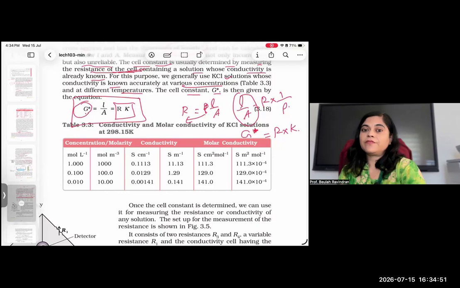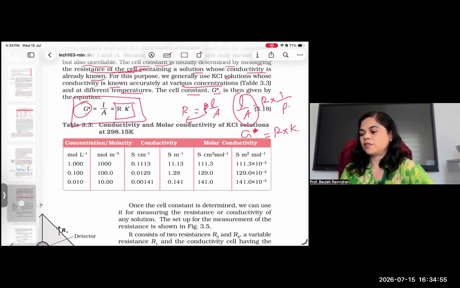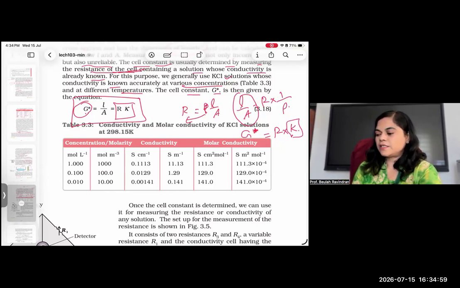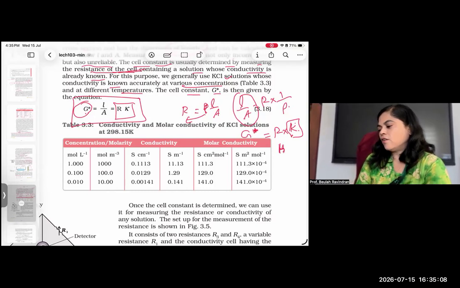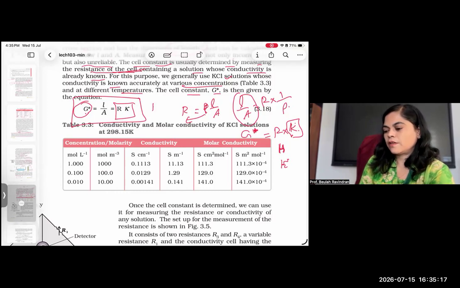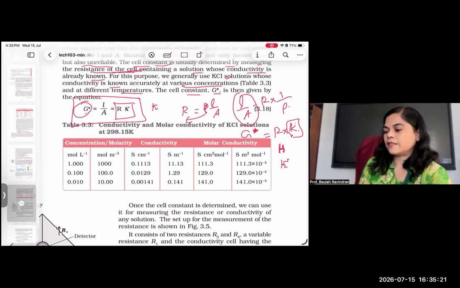The conductivity of KCl is already known at various temperatures. That is the main point. For writing kappa, you can write it in some stylish way, or like this. Anything you can specify in various forms.